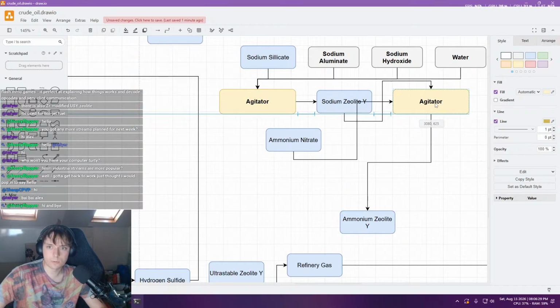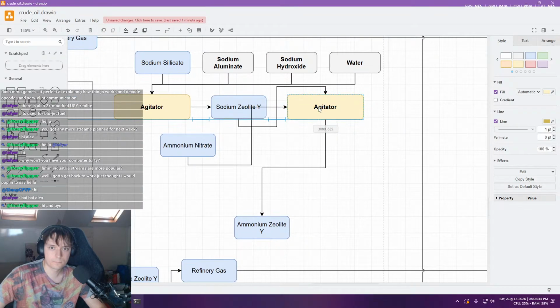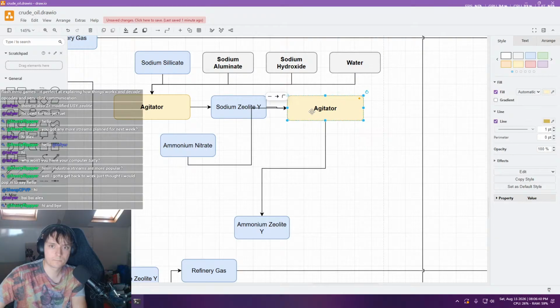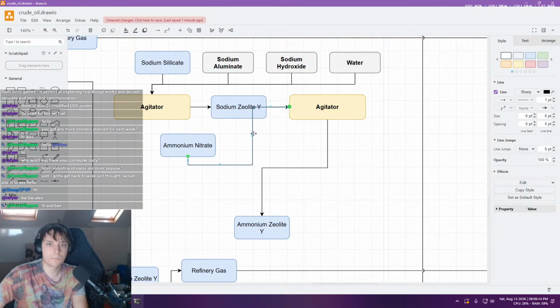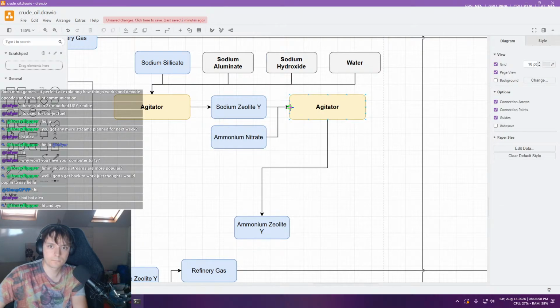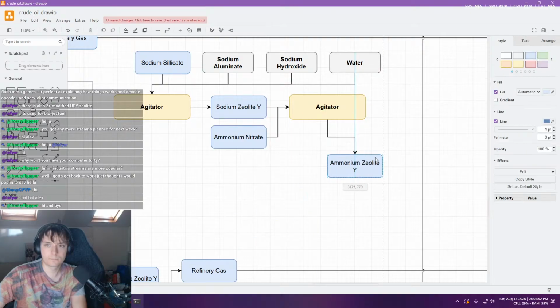And this agitator will go here. And this will come out like here.